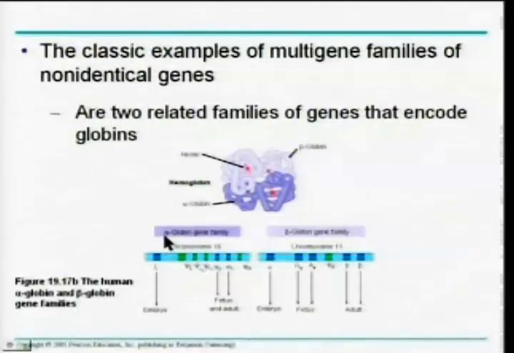So on the left here we see the alpha globin gene family on chromosome 16. There's a bunch of different looking things here, so different genes, right?